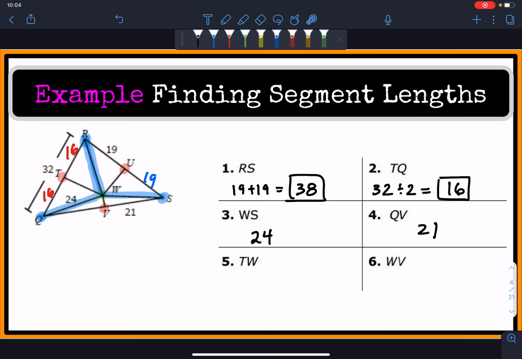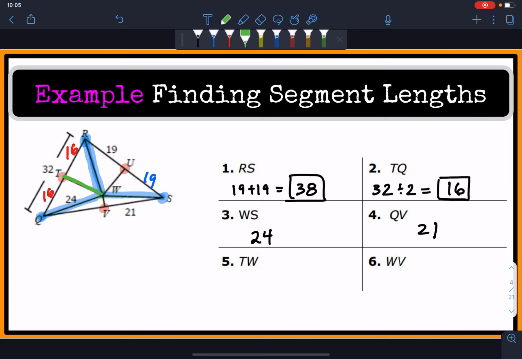Now here's when it gets a little bit interesting. We want to know the distance from T to W. So if we want to know the distance from the circumcenter to this midpoint, again to these points in red, then that's going to require us to use Pythagoras' theorem. So we want to know what the distance is to this right here, okay?